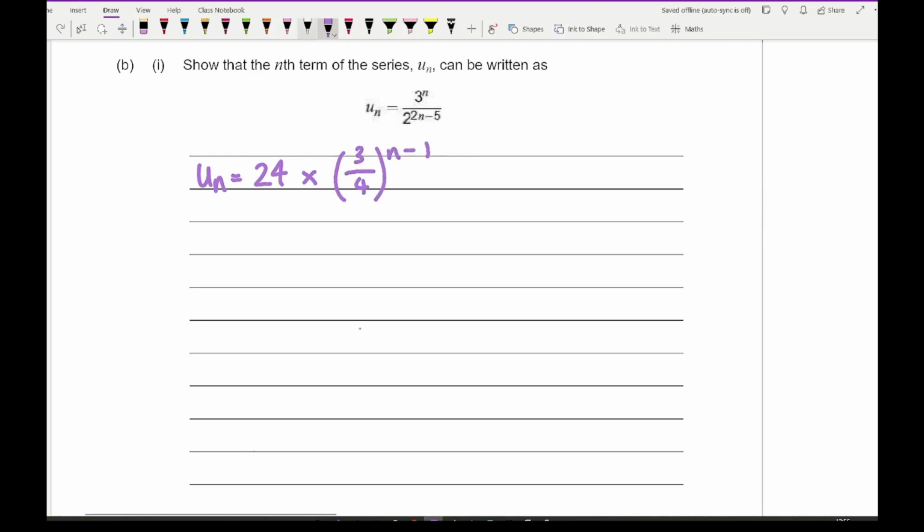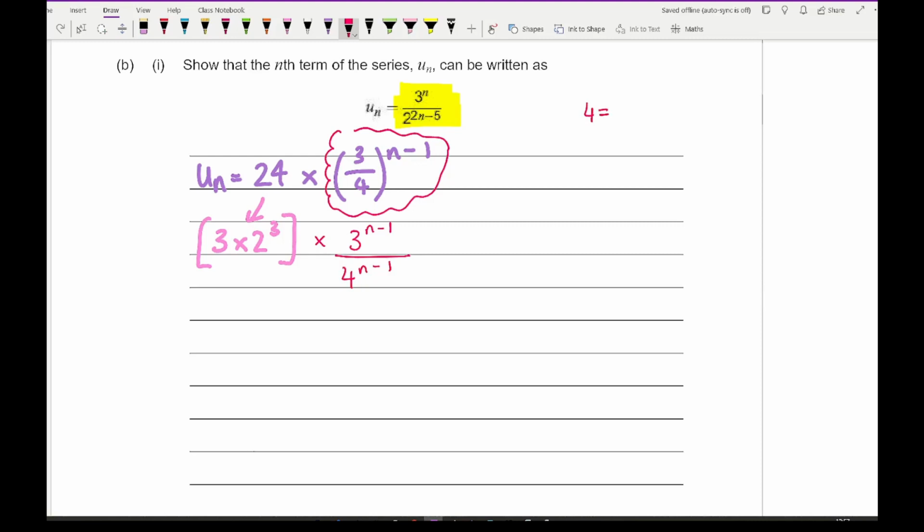Now for this, what we need to do is write the variables as 3's and 2's, as you can see, because that is what we've got in our show that. So I can rewrite 24 as 3 times 2 to the power of 3. So that takes care of the 24. Now the confusing part here is working with this. Using the rules of indices, we can write this as 3 to the n minus 1 over 4 to the n minus 1.